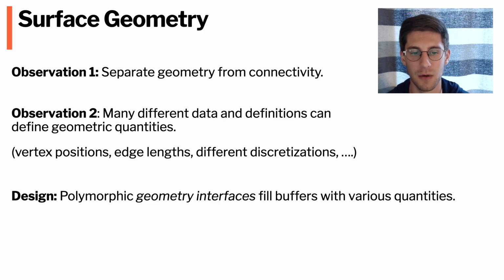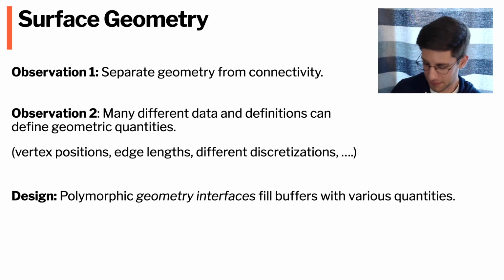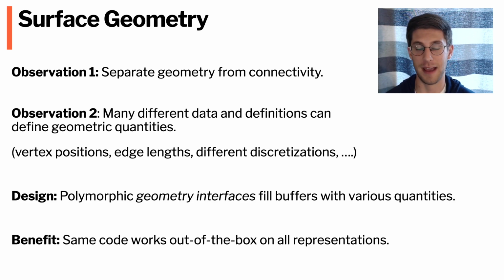And the way we do this is that we use polymorphic geometry interfaces which fill buffers with various quantities. And I think this will be clear when we look at an example. But the benefit of this is that the exact same sort of application code can run out of the box on lots of different notions of geometry and how it's discretized. And one important design decision here is that you could also implement a similar thing using C++ templates, and there are some libraries that do absolutely amazing things with C++ templates.